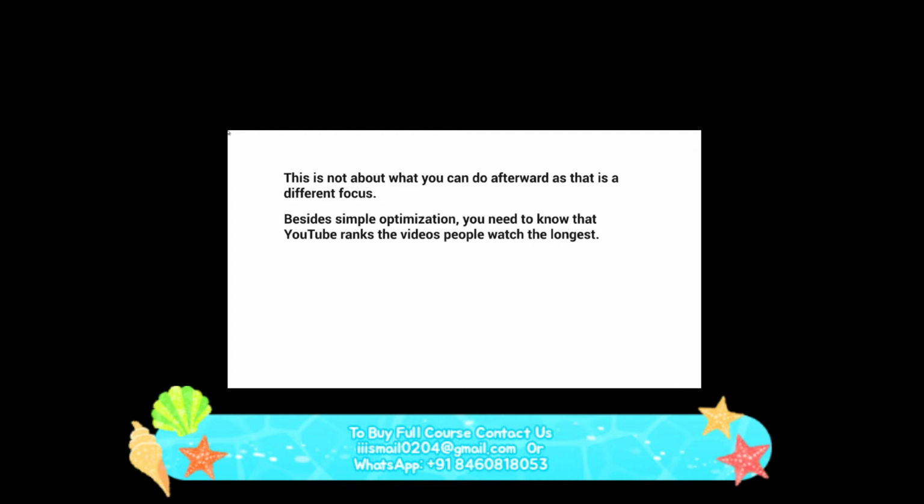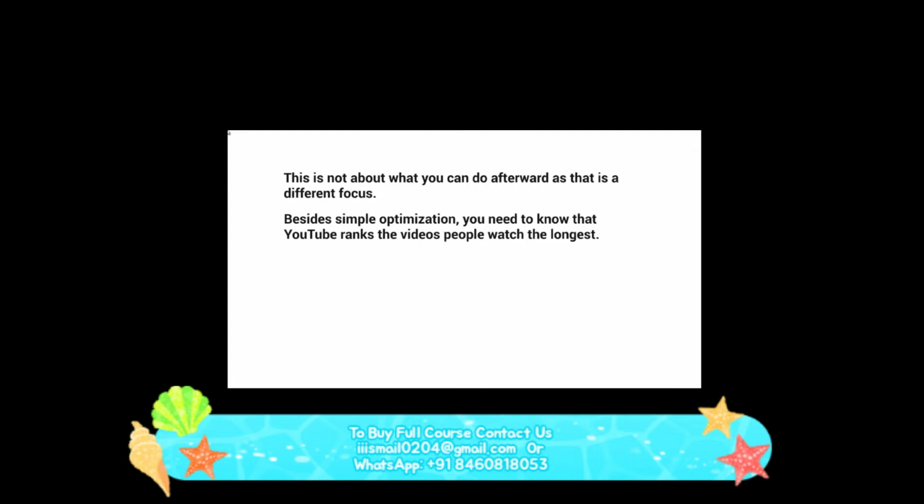Besides simple optimization, you really need to know that YouTube ranks the videos that people watch the longest. Let's say for example that we have a 10-minute video. YouTube looks at that video. They look at the likes, dislikes, and comments, but they also look at whether people actually watch most of this video.